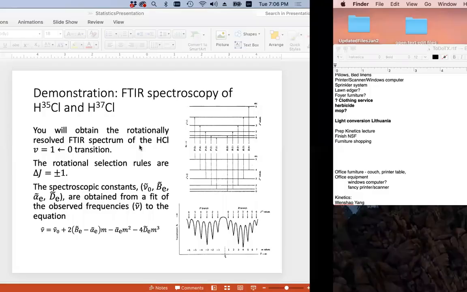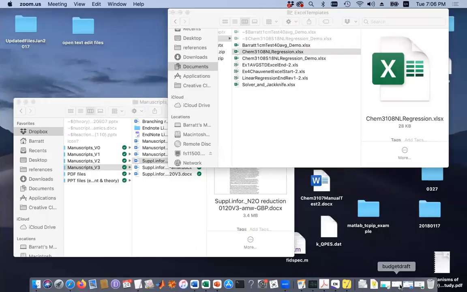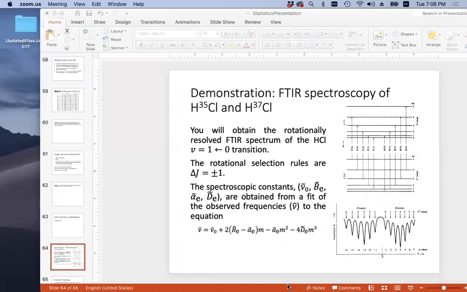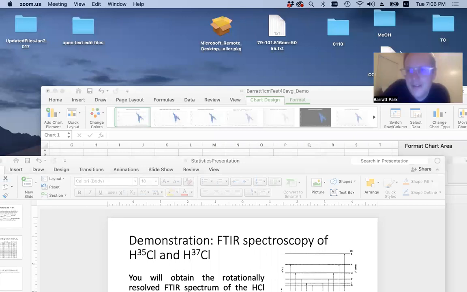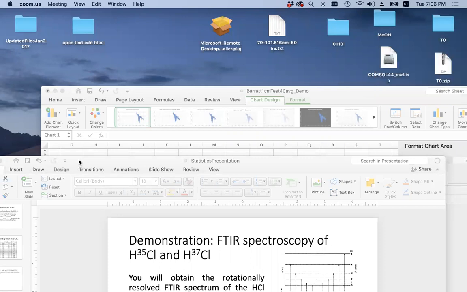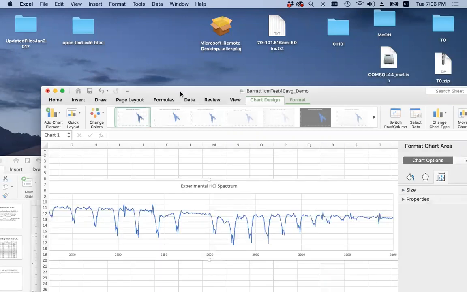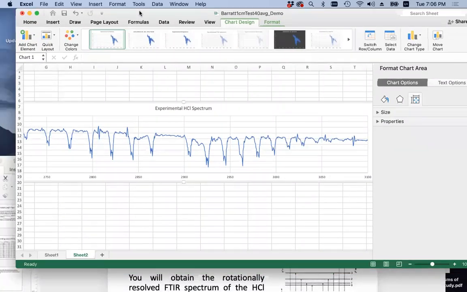Why doesn't this work? Okay, I'm sorry, I can't see the Zoom chat at the moment. Okay, well, anyway, it's not important right now.